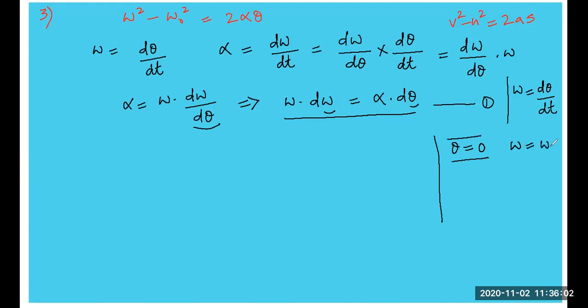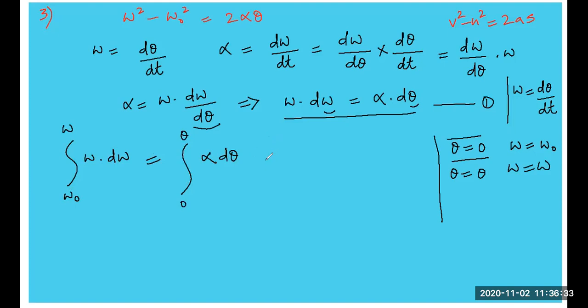Omega is equal to omega naught. And when theta is equal to theta, some angle, omega is equal to omega. Applying these conditions, I can write integral omega d omega from the initial value of angular velocity omega naught to omega is equal to integral alpha d theta. Initial value of theta is 0 and then some angle theta in radians.